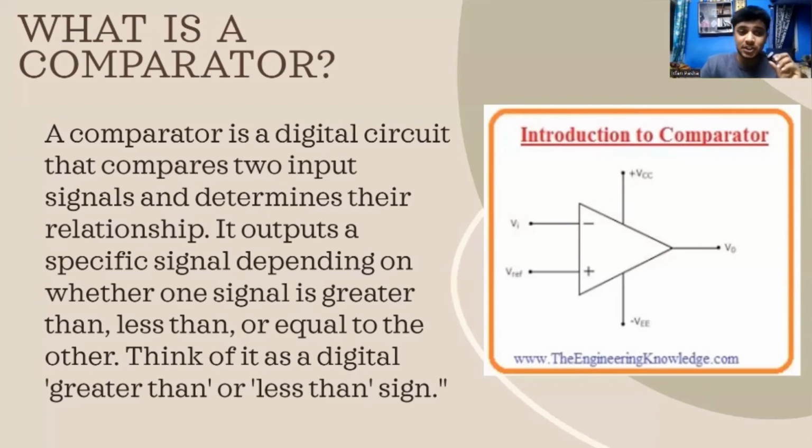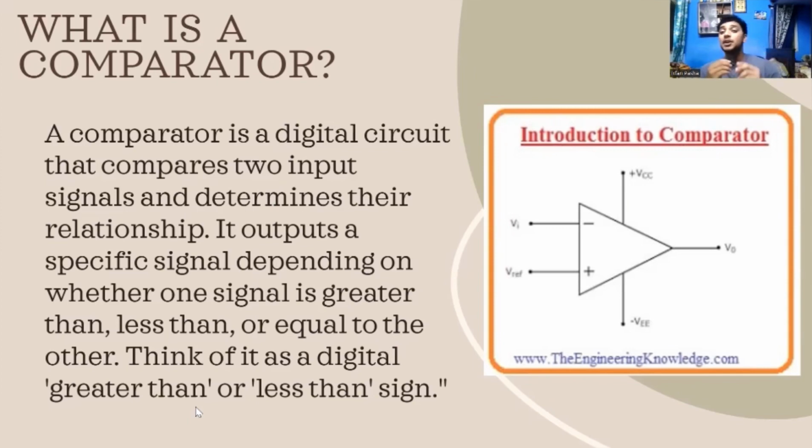A comparator is a digital circuit that compares two input signals and determines their relationship. It outputs a specific signal depending on whether one signal is greater than, less than, or equal to the other. Think of it as a digital greater than or less than signal.